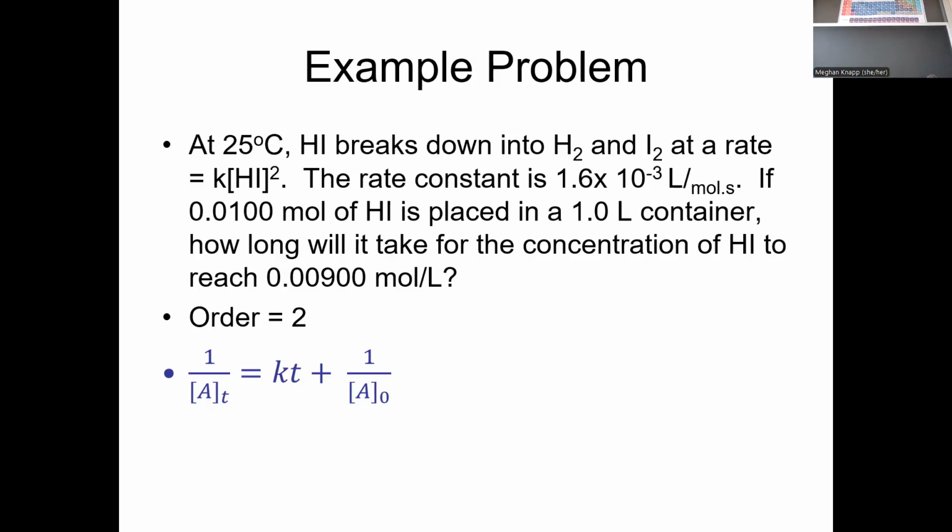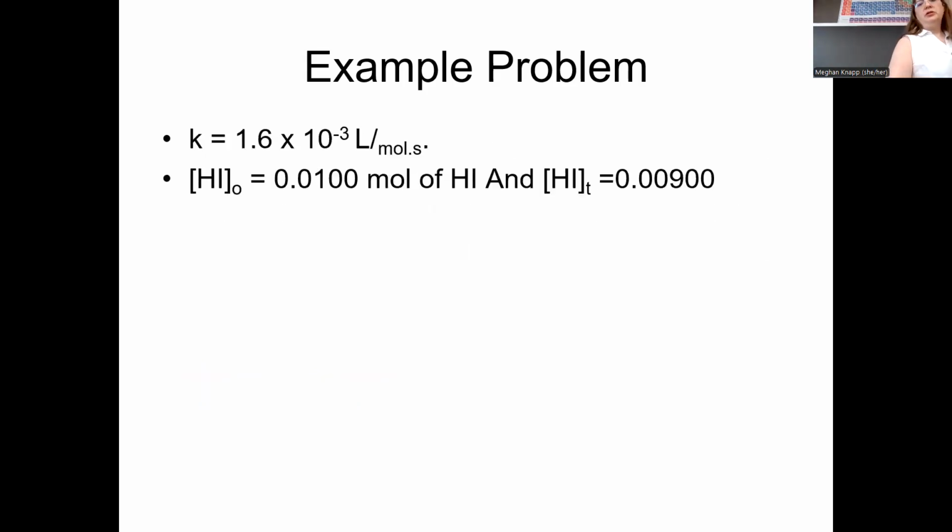And if 0.01 moles of HI is placed in a 1 liter flask, so here they gave us moles and liters. We have to calculate the molarity. Fortunately, 1 liter makes that easy. So 0.01 mole per 1 liter. How long will it take the concentration of HI to reach 0.009 moles per liter? Right. So here's our numbers. I'm going to use this equation.